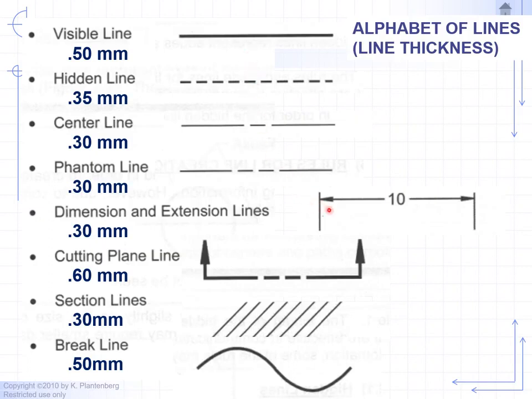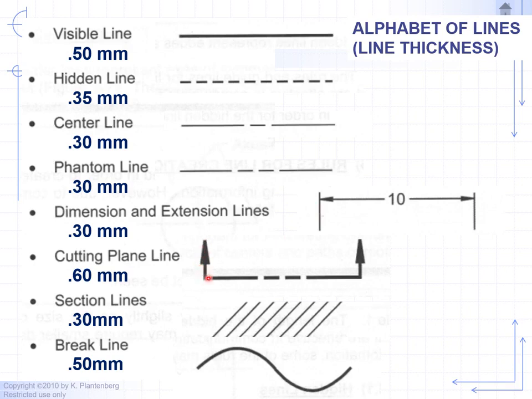So we make them thinner so that we don't mix them up with object lines. And real quick, phantom lines have two little dashes, center line, one little dash, and dimension lines and extension lines are about 0.30 to 0.35 millimeters in thickness.